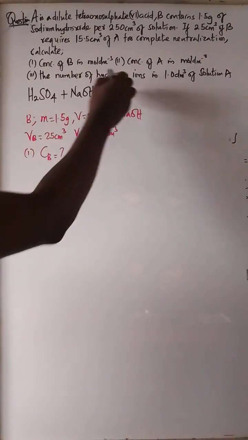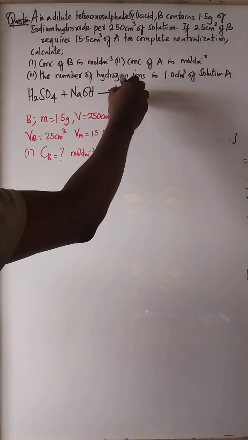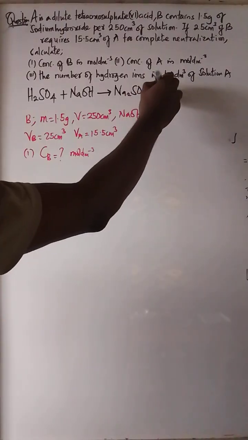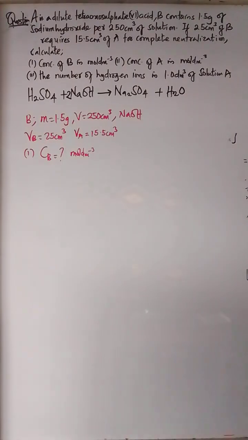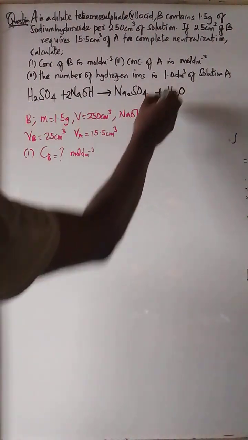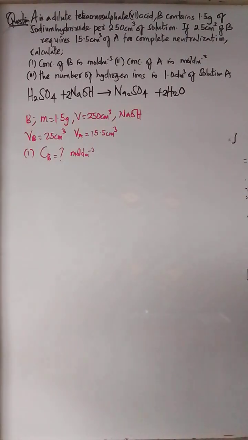Sodium with sulfate, Na2SO4 plus H2O, not balanced, so let's put 2 here, and I think with that everything should be balanced. Water is 4 here, so there will be 2 here also, balanced. So it means Na is 1, Nb is 2.